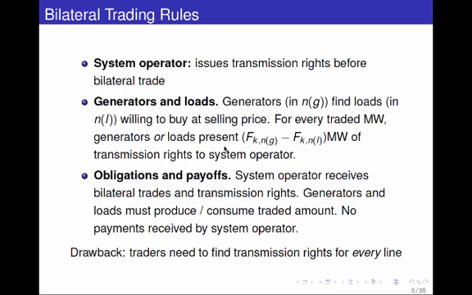So think of also the hub when you're answering this question. There's a line here, line K. How much of this line are we using when we're shipping 1 megawatt from M to N?